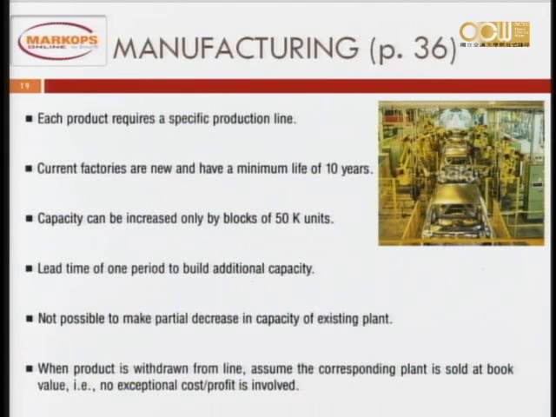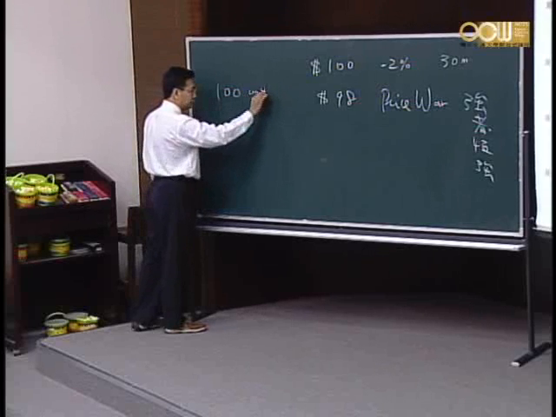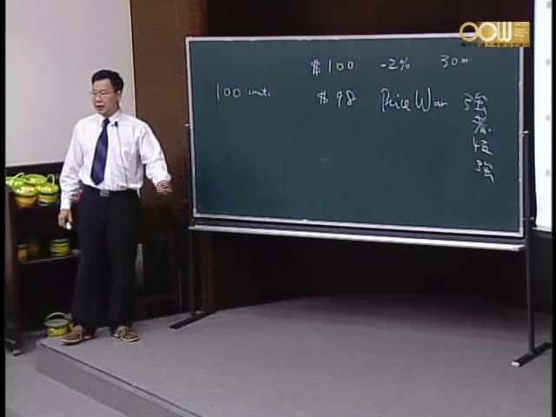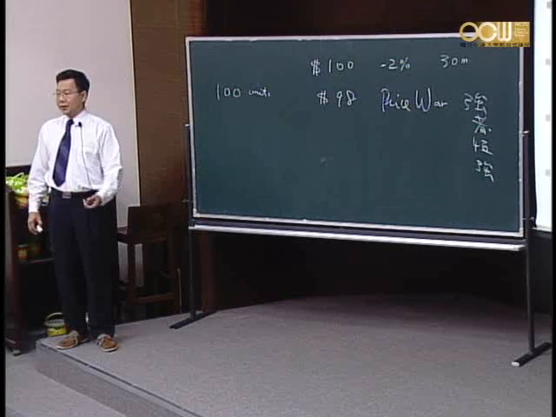Now, what's capacity? Very quickly, suppose right now the current production line can help me generate 100 units. And I ask the computer, I need more capacity.